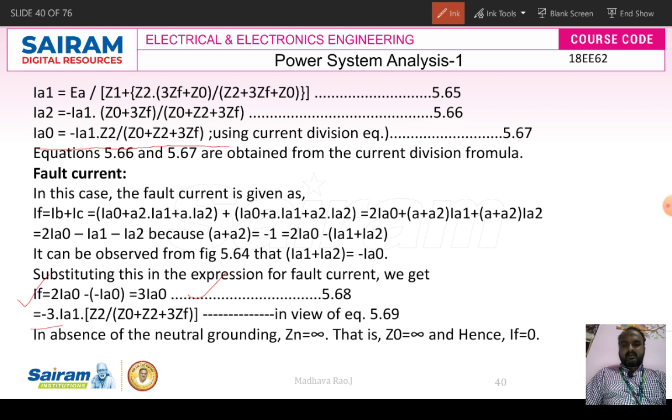So the fault current is equal to 3 IA0, that is minus 3 IA1 into Z2 by (Z0 plus Z2 plus 3 ZF).